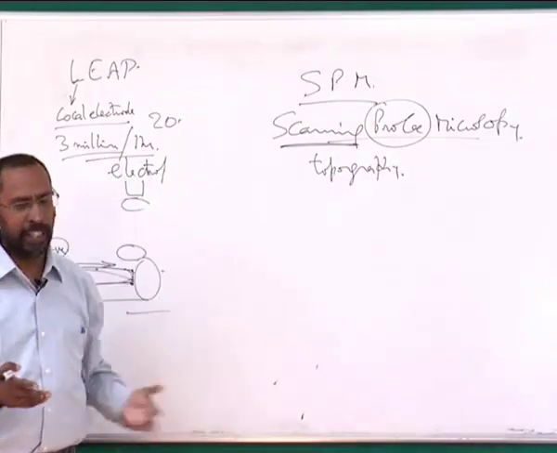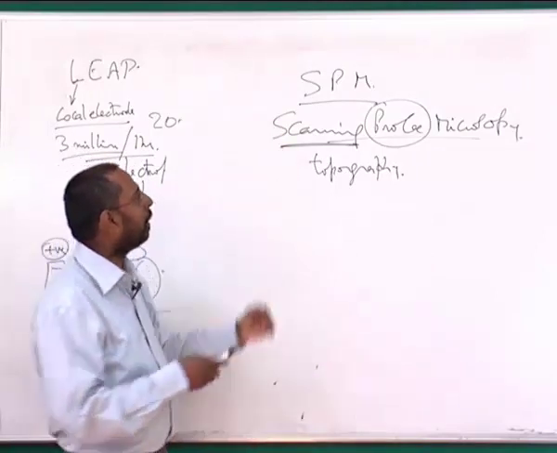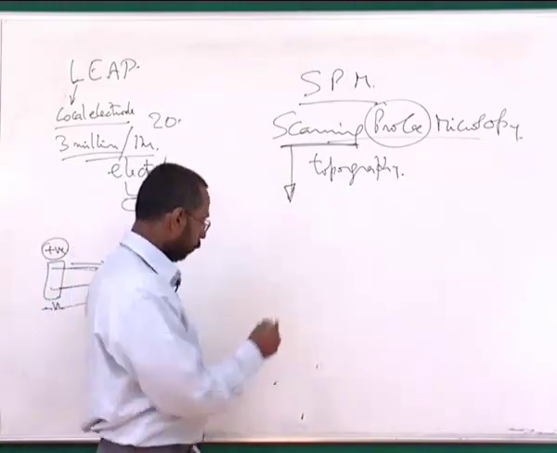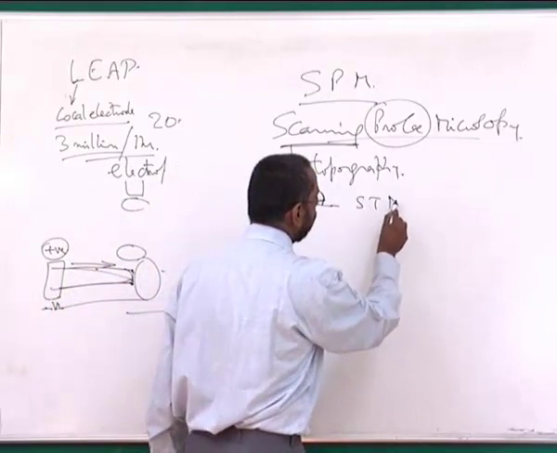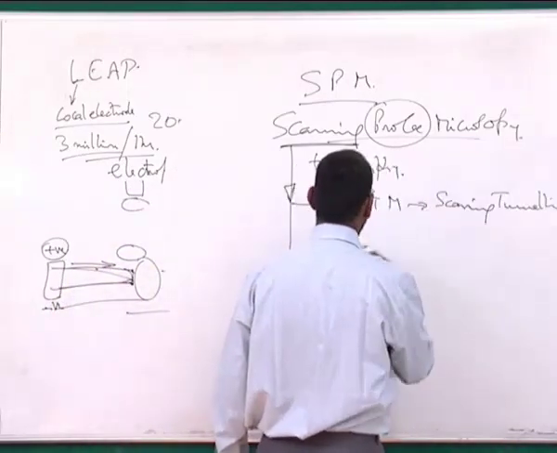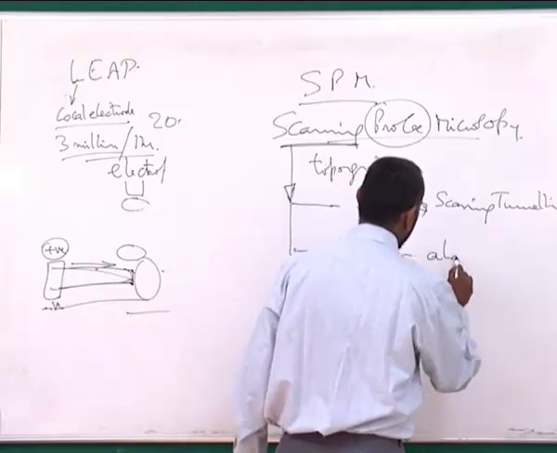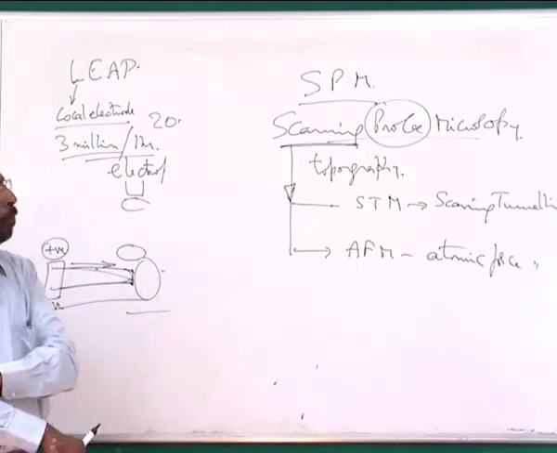And there are different techniques that come under this particular broad category of scanning probe microscopy. The two most popular techniques are STM, scanning tunneling microscope, and the second one is AFM, atomic force microscope. These are the two very popular ones, and they come under scanning probe microscopy.